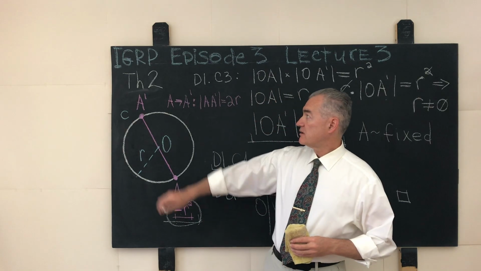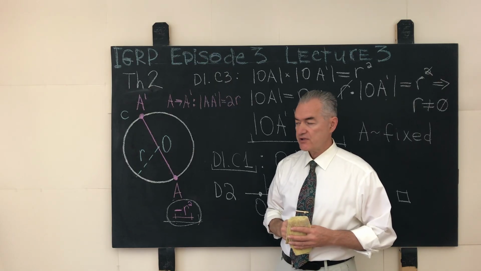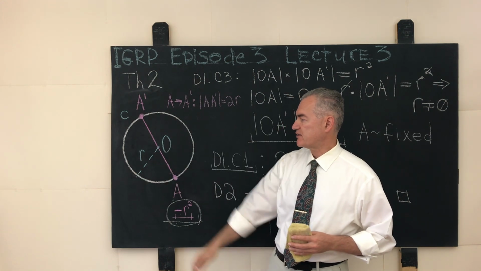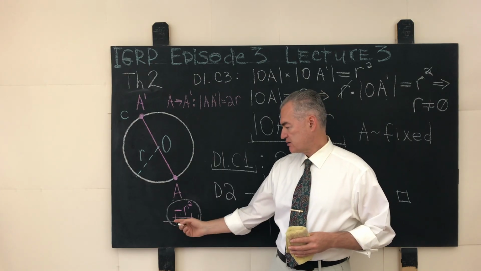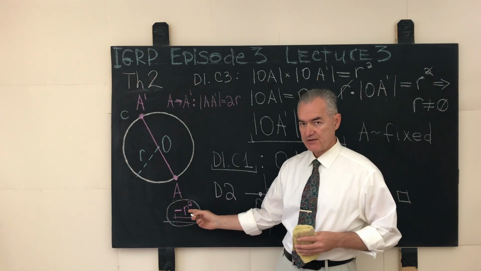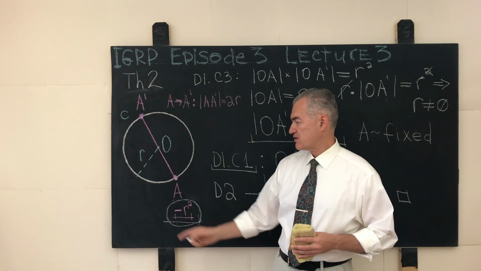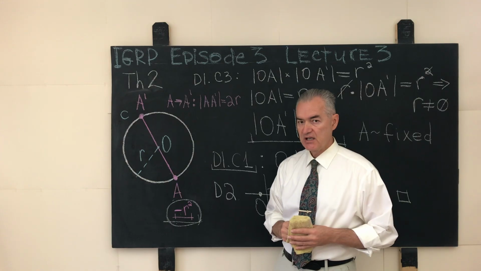According to the theorem number 2, under the inversion of a plane with respect to a circle C that has the point O as its center and R as its radius with negative power, as shown over here with the minus sign in front of the square of the radius of inversion, any point on the circle of inversion, such as the point A, is taken into a point that is located on the circle of inversion C diametrically opposite to the original point.